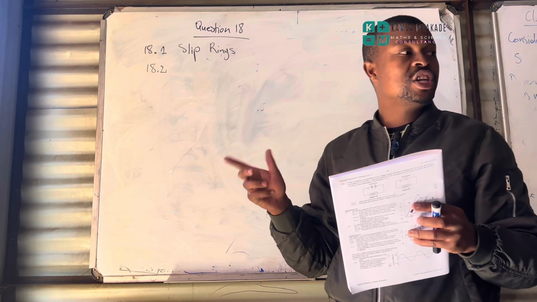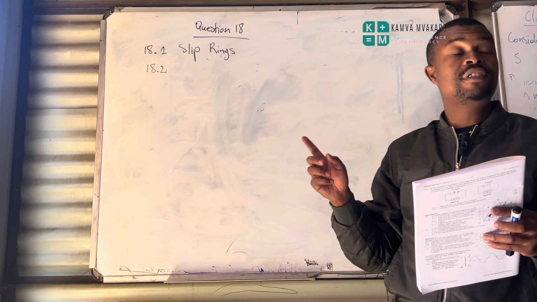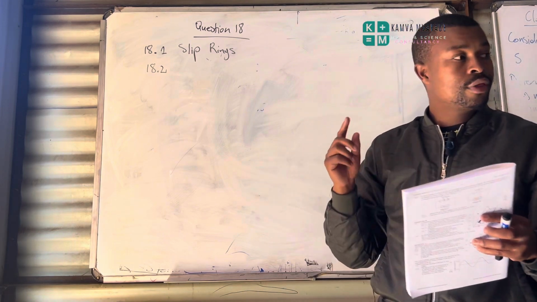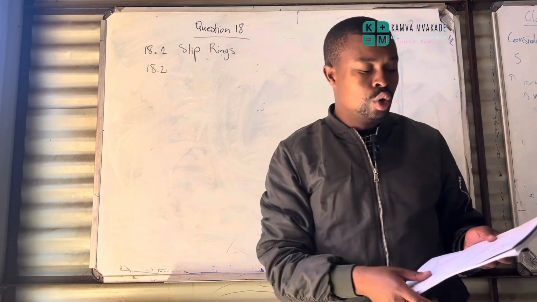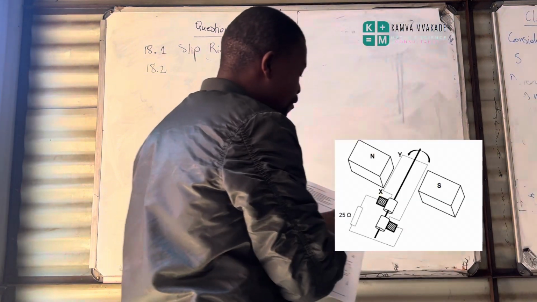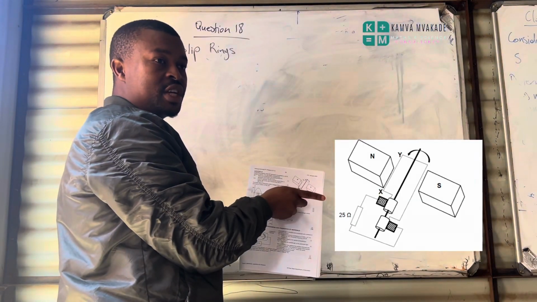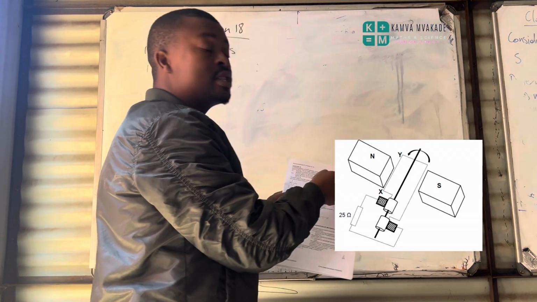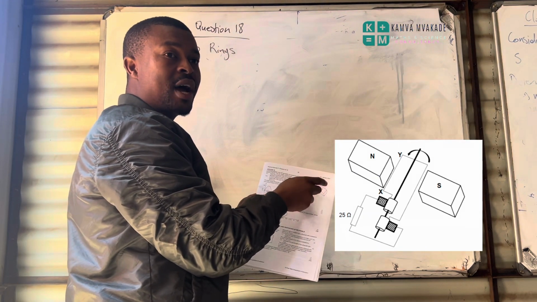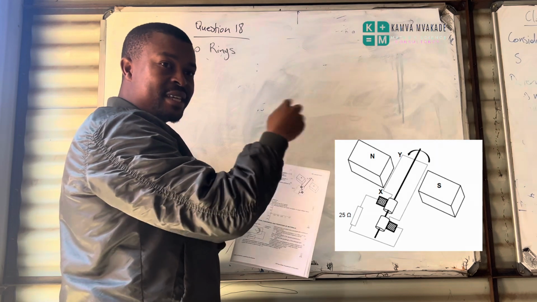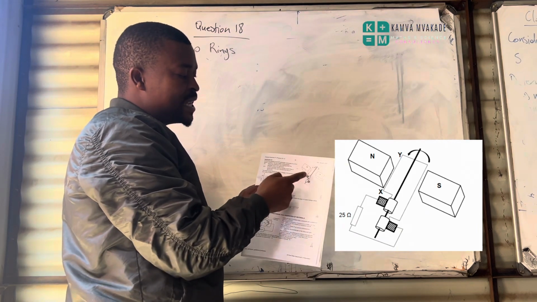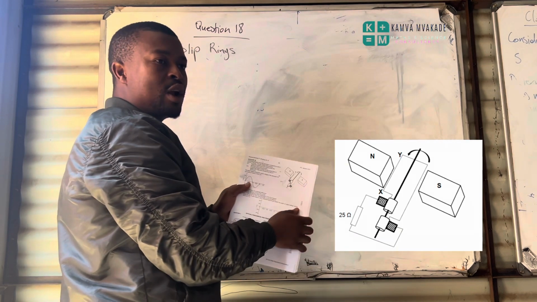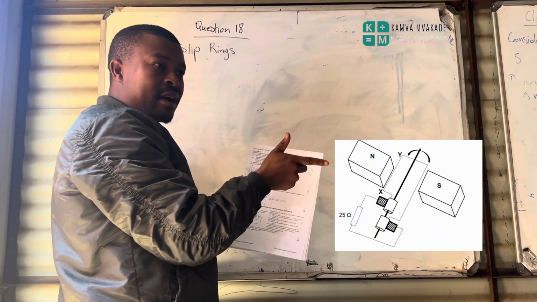The direction of the field is from north to south, which is that direction. And we are told the coil rotates anti-clockwise.